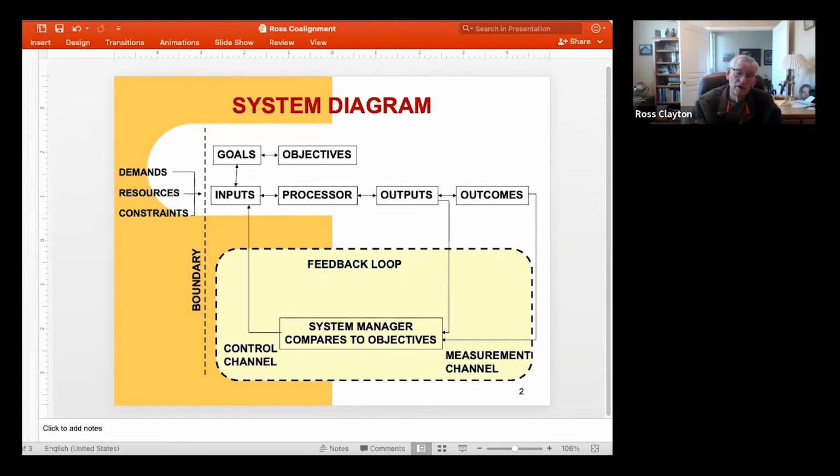So that's a quick and dirty walkthrough of the system diagram, but the idea behind it is very clear that conceptually it gives you a language that you can use to think about your organization. And organizational theories, for the most part, are frameworks of language that are very useful.